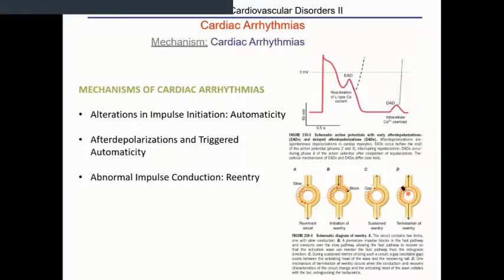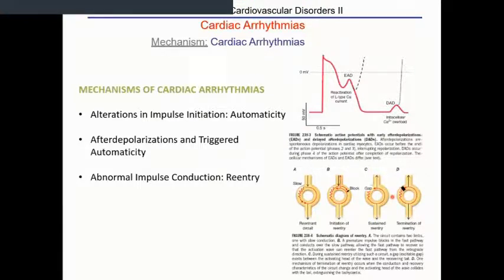So this can set up a circular movement of the impulse, resulting in sustained tachyarrhythmias, for example ventricular tachycardias. So reentry can typically be induced by premature electrical stimulation during electrophysiologic testing.